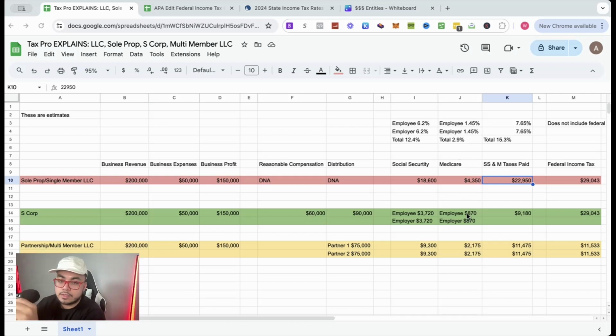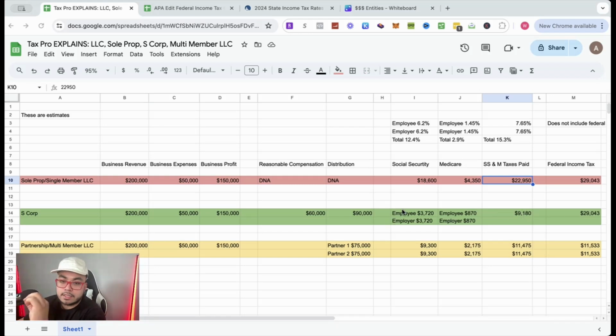We got $870, and then 60,000 times 1.45% from the employer side, again, which is your corporation entity, is going to be 870. When you combine all this, you're going to be paying roughly $9,180 in Social Security and Medicare taxes, which is transformed into your payroll taxes.